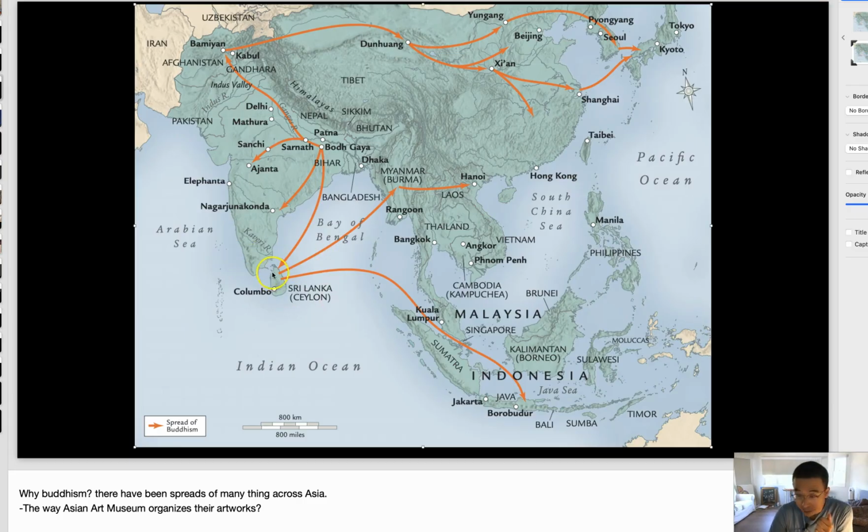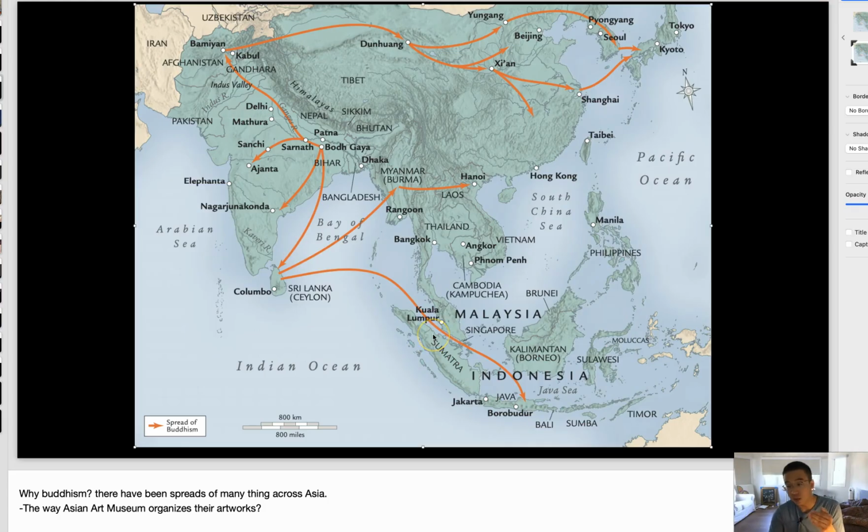The spread of Buddhism, for example, from South Asia to mainland China, and then across the peninsula to Korea and Japan. That's one way of traveling, and that's one way that this book is telling the story. Buddhism, Hinduism, and Jainism traveled across the sea to Southeast Asia.